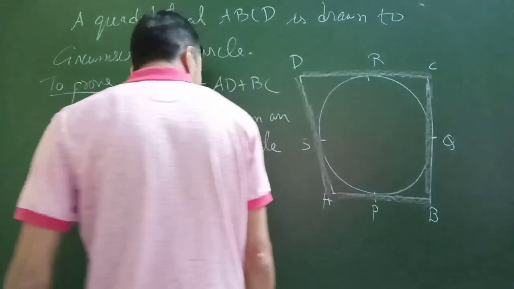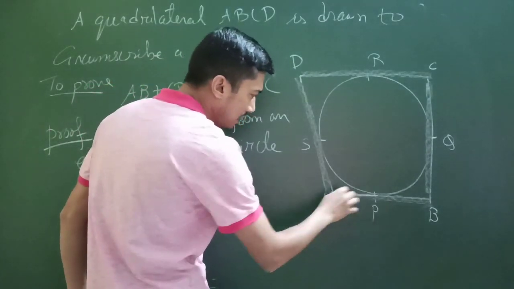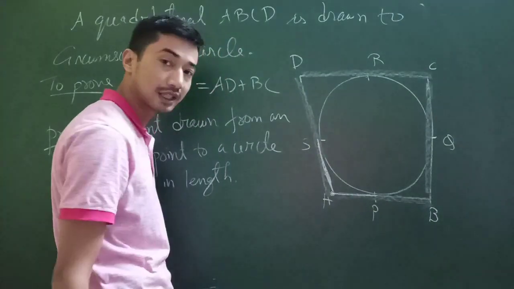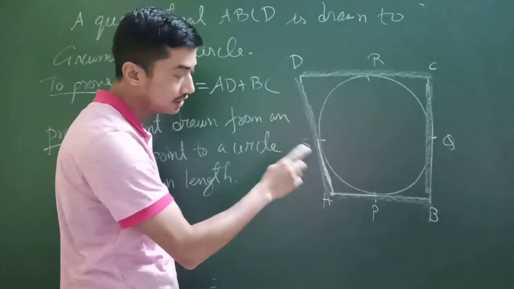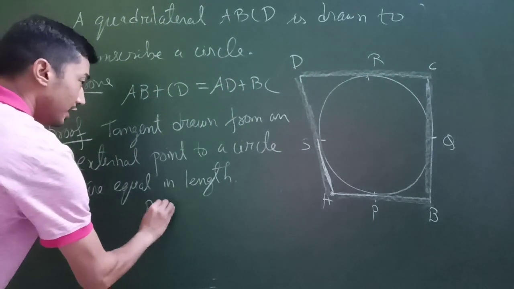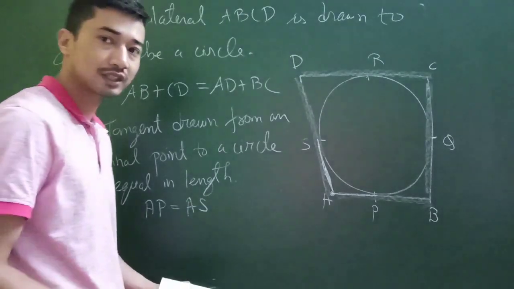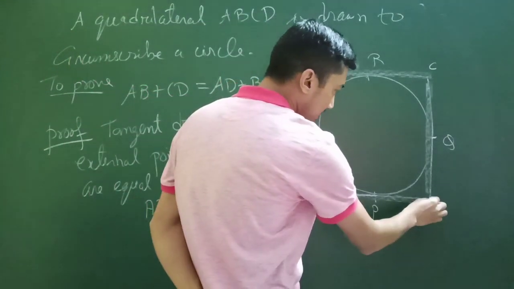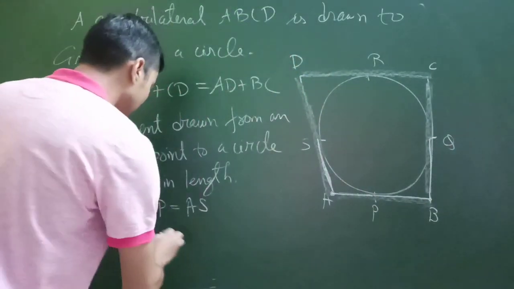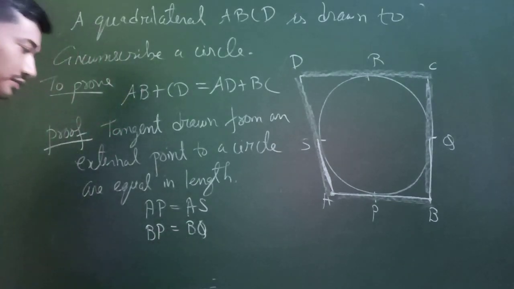from the point A, AP and AS look like tangents, because they touch at only one point. That means AP is equal to AS. Similarly, from the point B, BP and BQ are two tangents, so BP is equal to BQ.